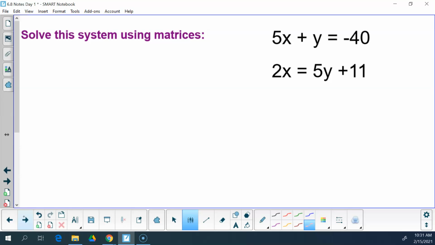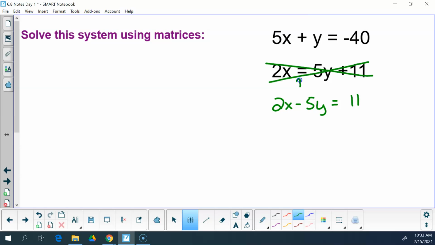Another one, try this one. Little spot check, little trickery, little skullduggery, if you will. What color? We'll use green. The equal sign is here now, so if I'm going to put this in proper form, I got to subtract that 5x first.